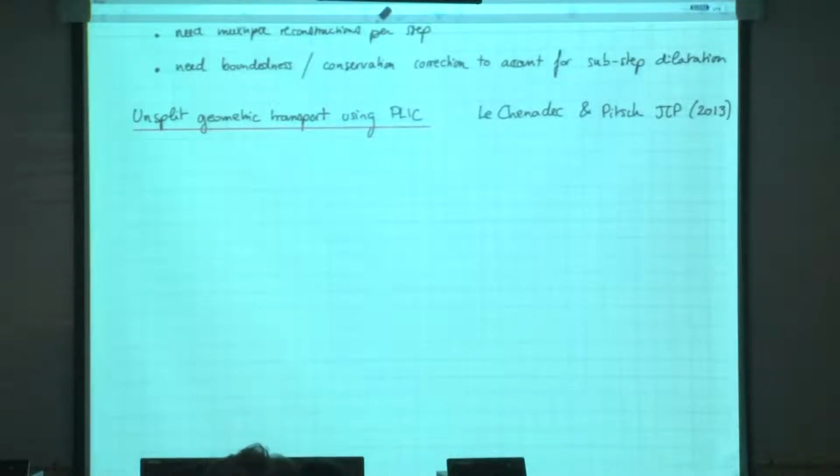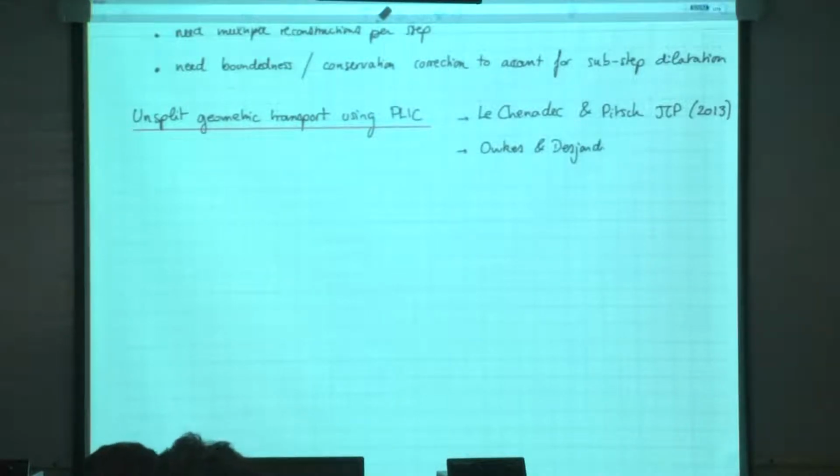So we're not going to solve all the problems, but we're going to get ourselves something that requires less work. So that's going to be the main reference for this. And I'll refer you to a paper that I think was included somewhere in your course pack, maybe for tomorrow afternoon, by Oakes and myself, JCP 2014, I believe.